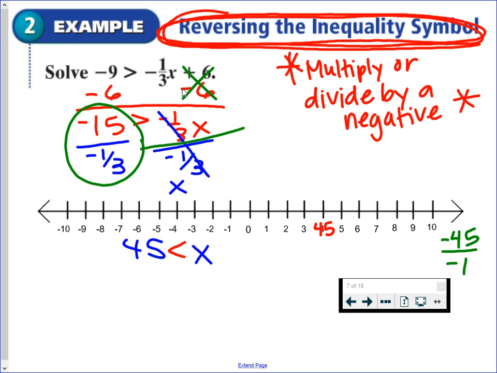Savannah, do you remember if this was an open or a closed? Open. You got it. Mason, pick any other number besides 45. 44. So, if we change x to 44, does this work? 45 is less than 44?